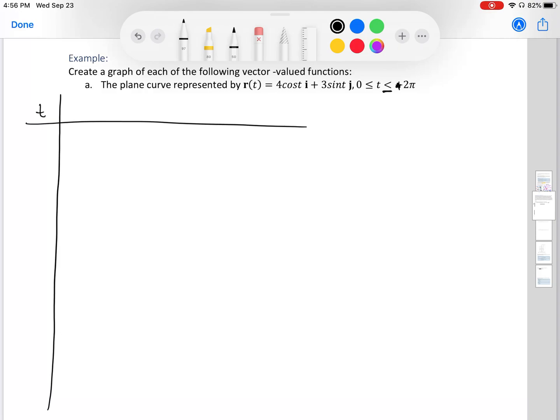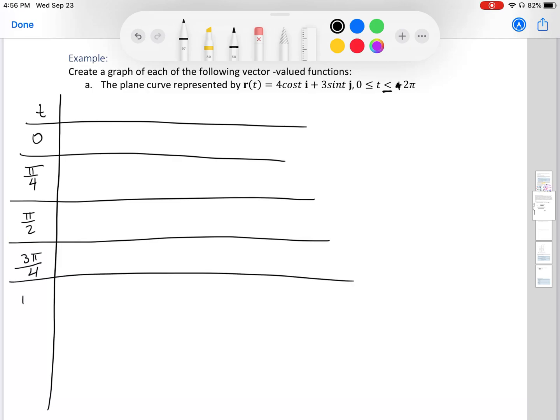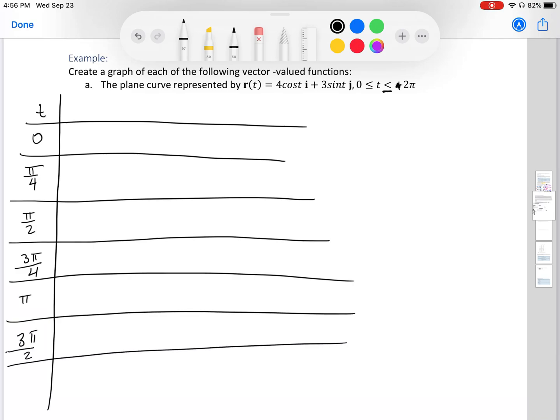I'll start with smaller values, so 0, pi over 4, and after that you'll start getting a picture of what we have. Pi over 2, 3 pi over 4, pi, 3 pi over 2, and 2 pi.